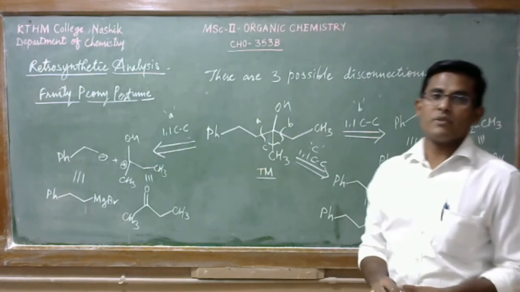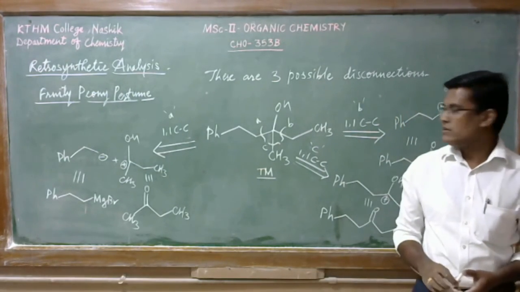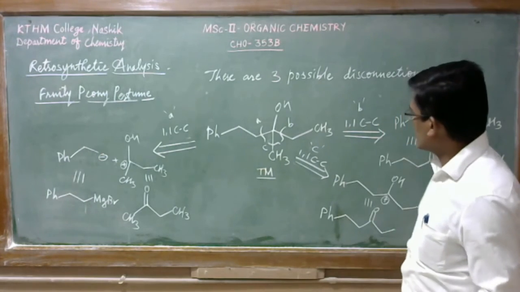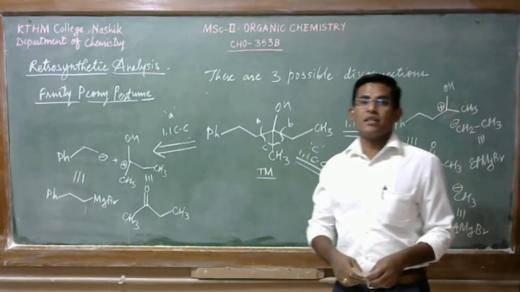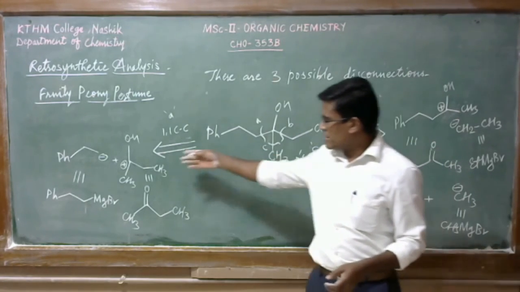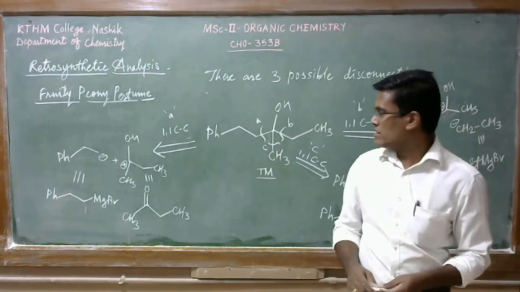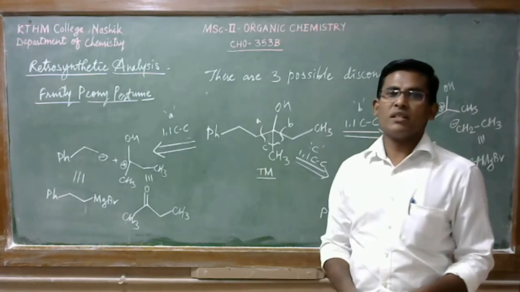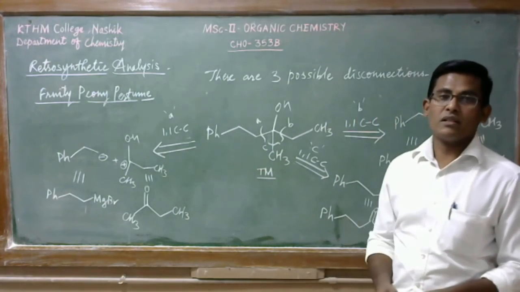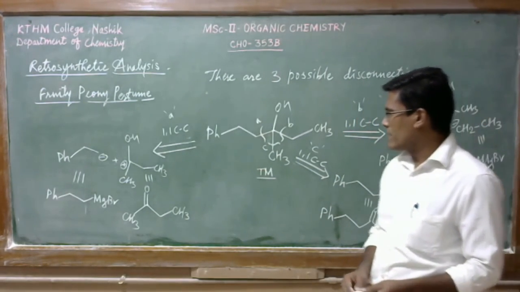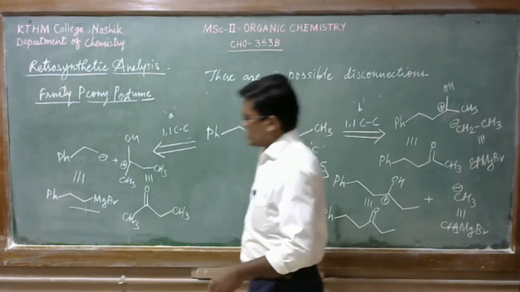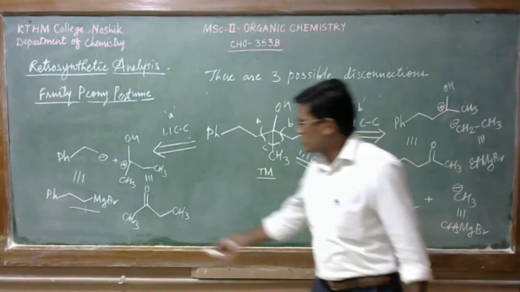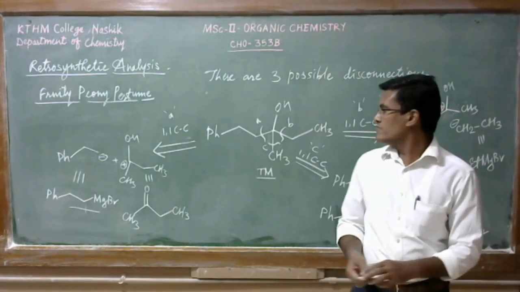So which one is the better route? Okay. So when you disconnect this bond, let's say A cleavage, we would get these two synthons. Synthons can be converted into their chemical equivalents, so this Grignard reagent and this carbonyl compound ketone.